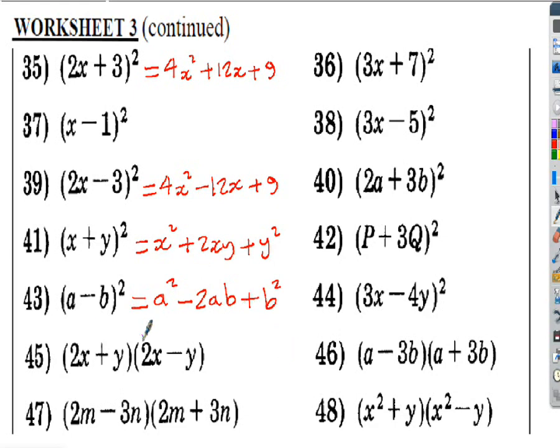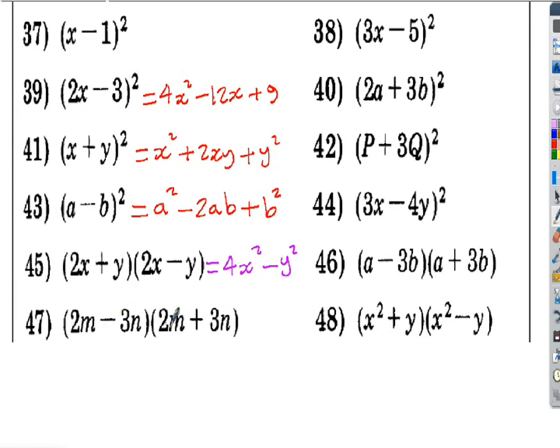Question 45 here is the product of the sum and difference of two terms, so expanding we will get square of the first term, so that would be 2x all squared is 4x squared, and then we get the square of the second term, so that will be minus the y squared.